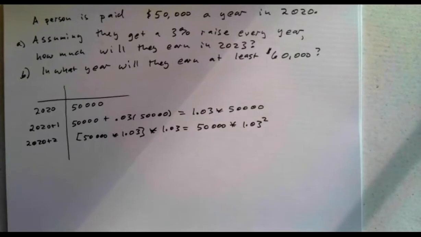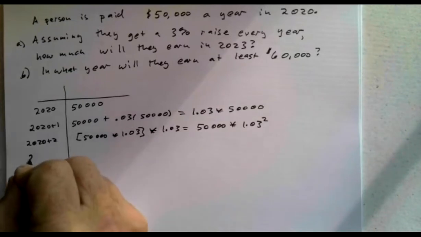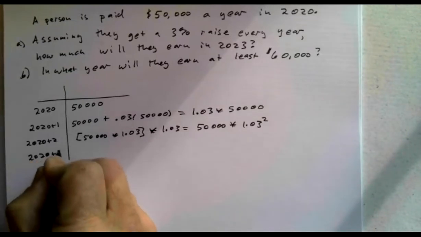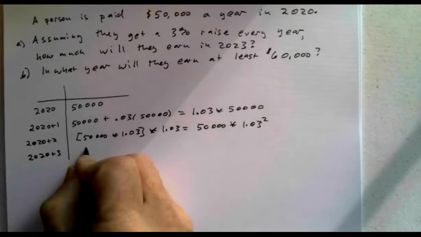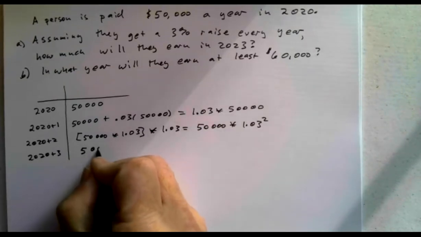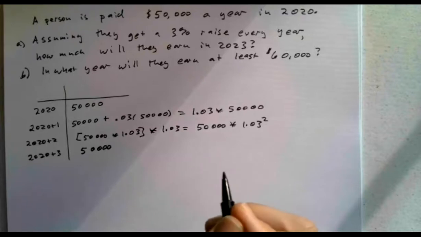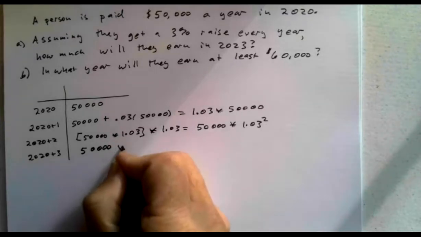So you can see the idea, 2023, 2020 plus 3, 50,000 times 1.03 to the third power.